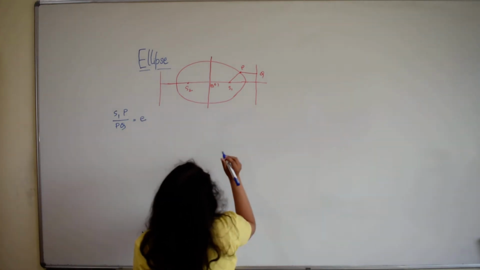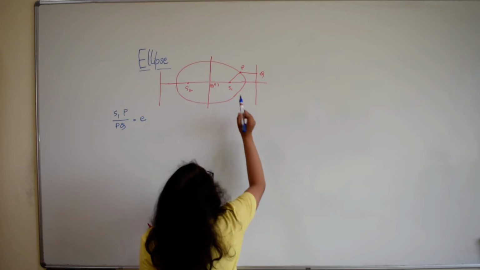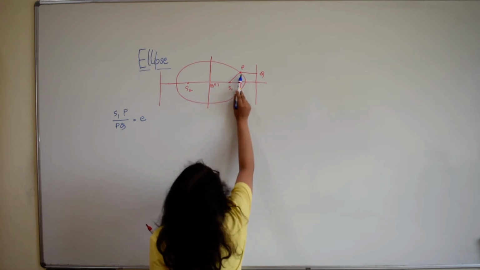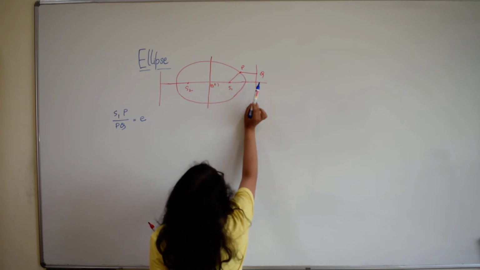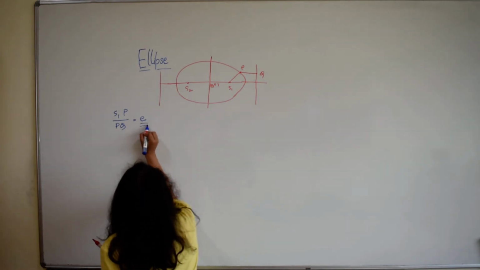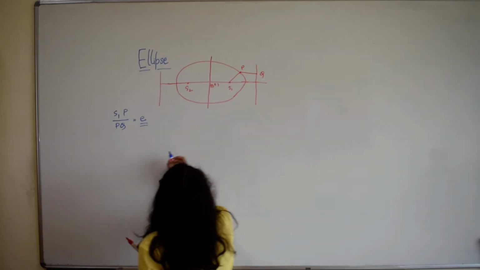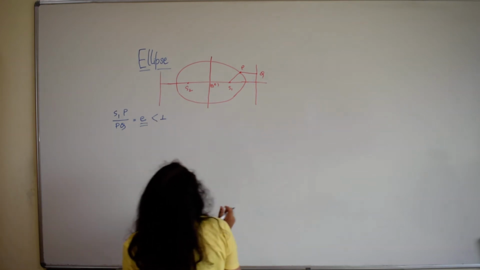So the ratio between the distance of the point on the ellipse from the focus, and the distance of the point from the directrix, will always be constant, and we call this constant the eccentricity of the ellipse and denote it by e, which is always less than 1.